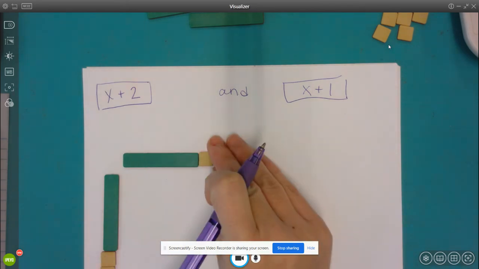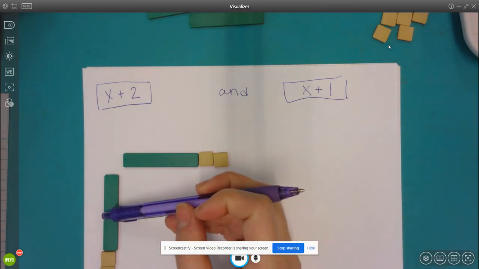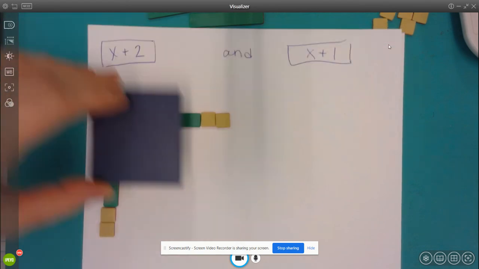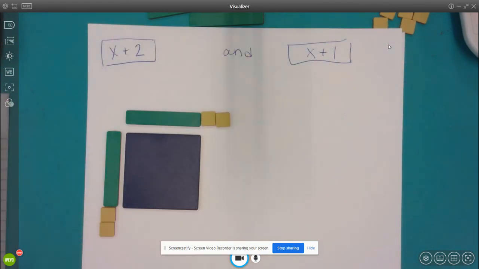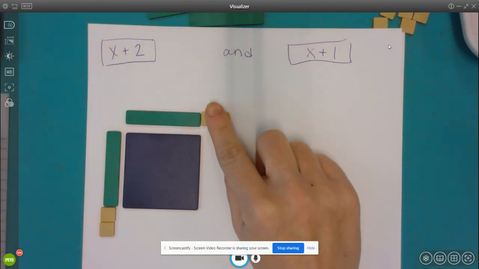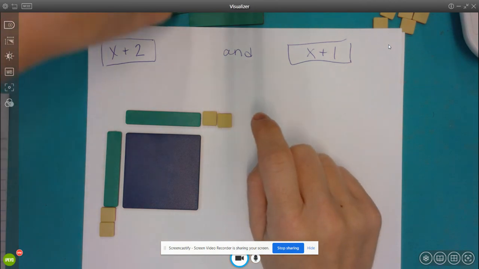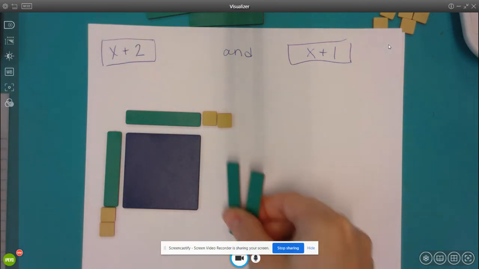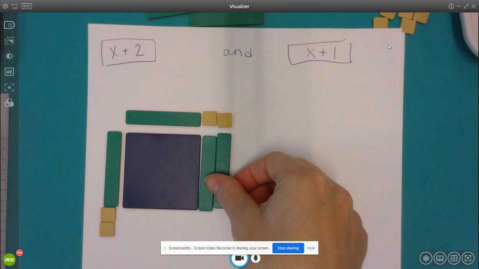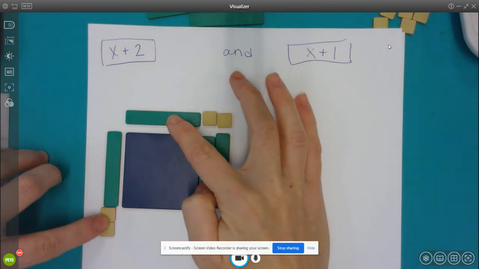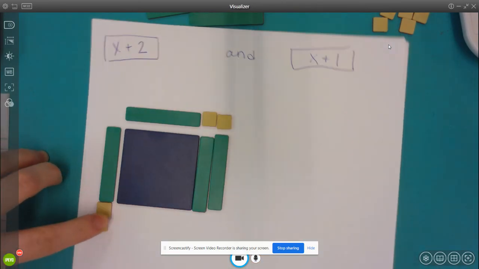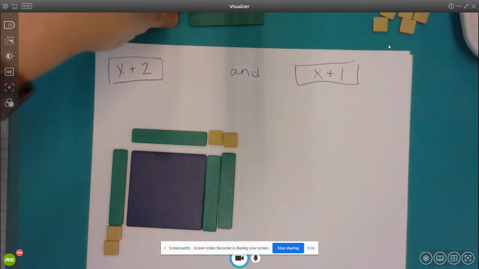So if I have a side length of x by x, that's going to become x squared as that area there. Now I have 1 by x, so those will become x's. I have x by 1 twice, so those will both become x's.